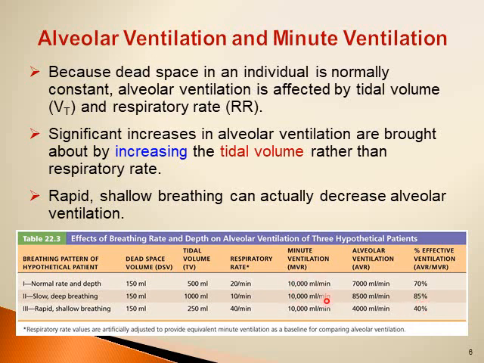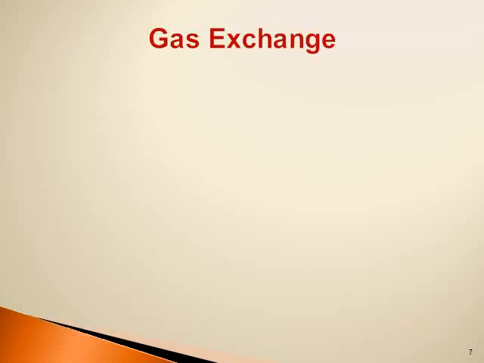Again, you can see that the minute ventilation is 10,000, but the alveolar ventilation is different in the three examples, and the best alveolar ventilation is achieved when we have deep, slow breathing. So increasing the respiratory rate without increasing the tidal volume will not help in increasing the alveolar ventilation.